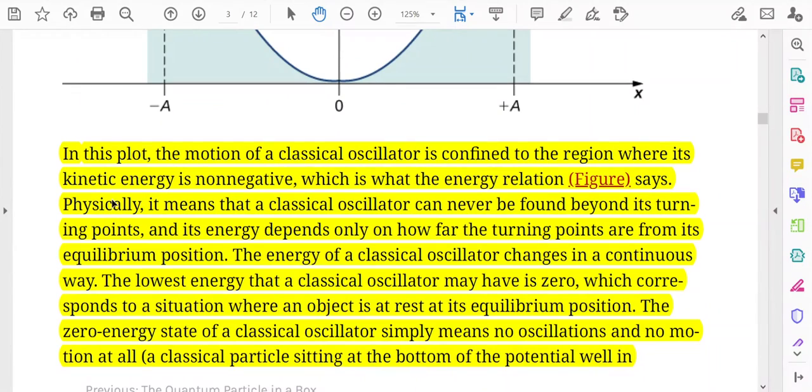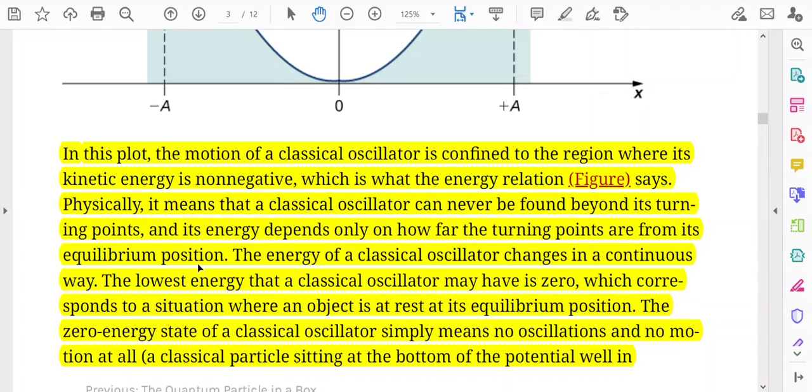Now, the motion of a classical oscillator is confined to the region where its kinetic energy is non-negative, which is what the energy relation says. Physically, it means that the classical oscillator can never be found beyond its turning points, and its energy depends only on how far the turning points are from its equilibrium position.